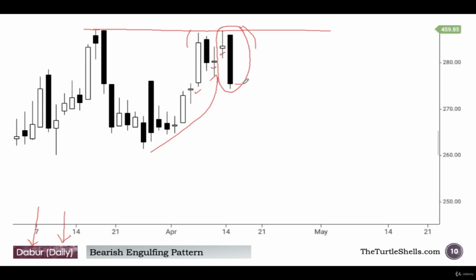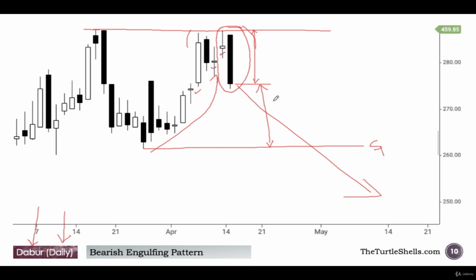So in this case, we might take a short position here with a stop loss here and expect the price to go down. So that's our first profit target. See, that is reducing our reward to risk. Now this becomes our risk and this becomes our reward. Because it's a tall candle, it is reducing our reward to risk.